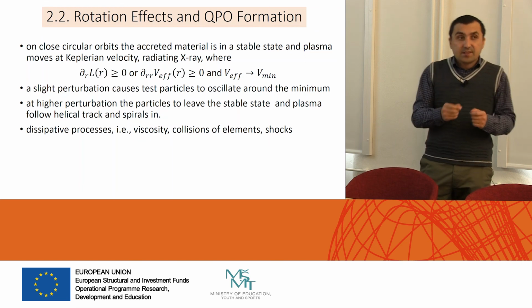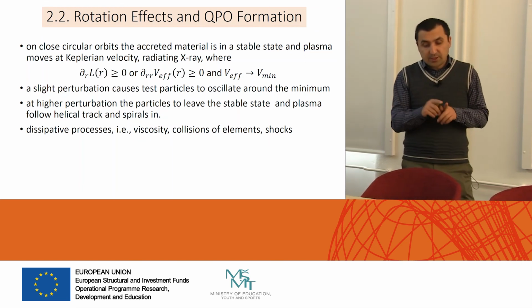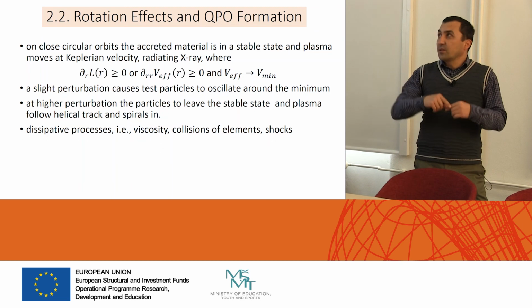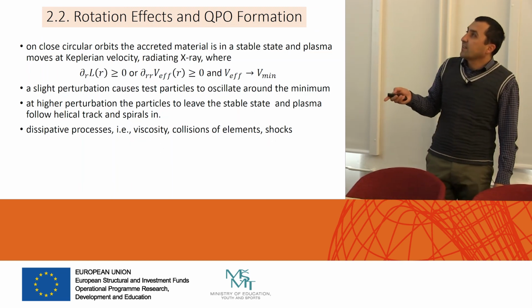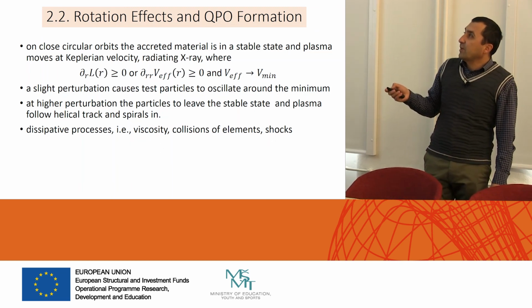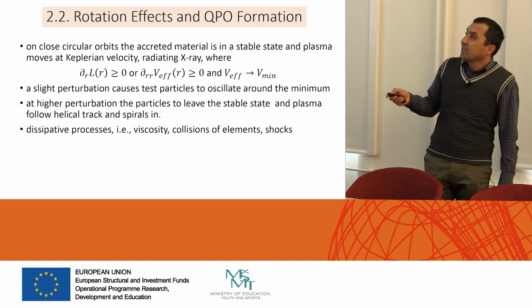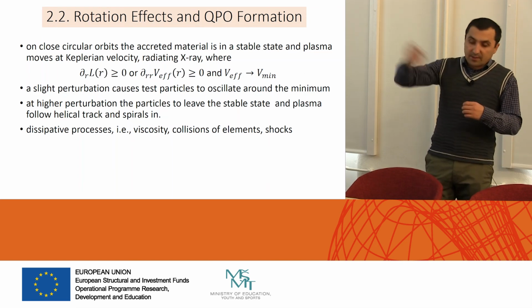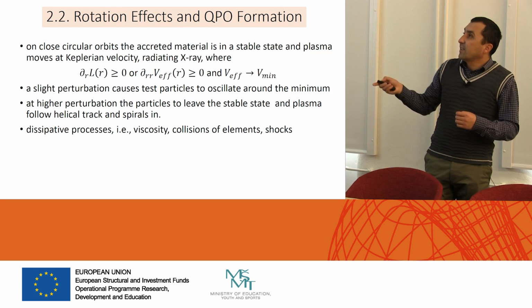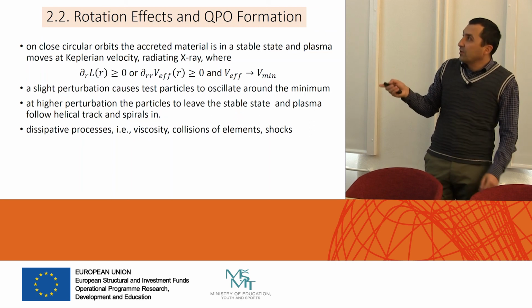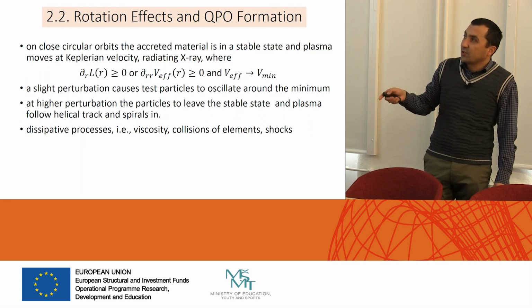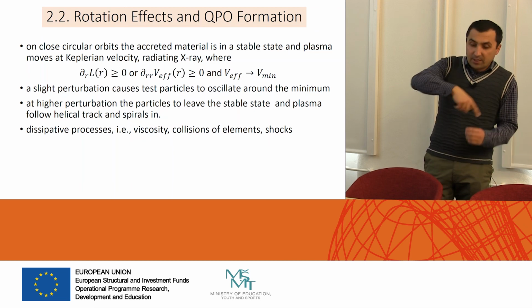If this perturbation is high enough, the particle leaves this stable orbit, and the plasma follows a helical track in a spiral.